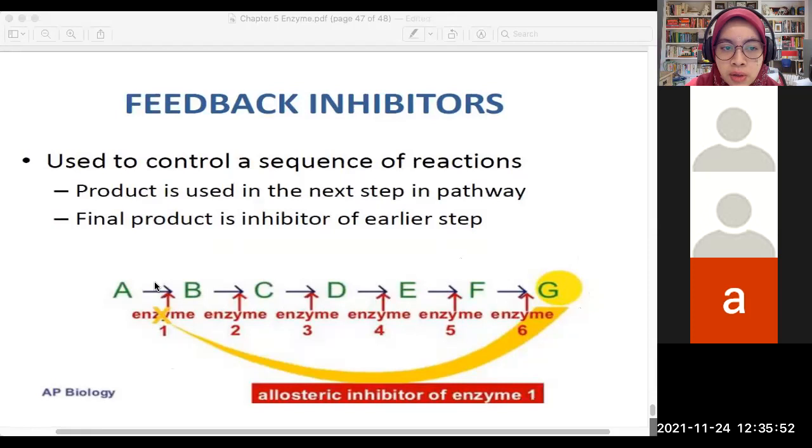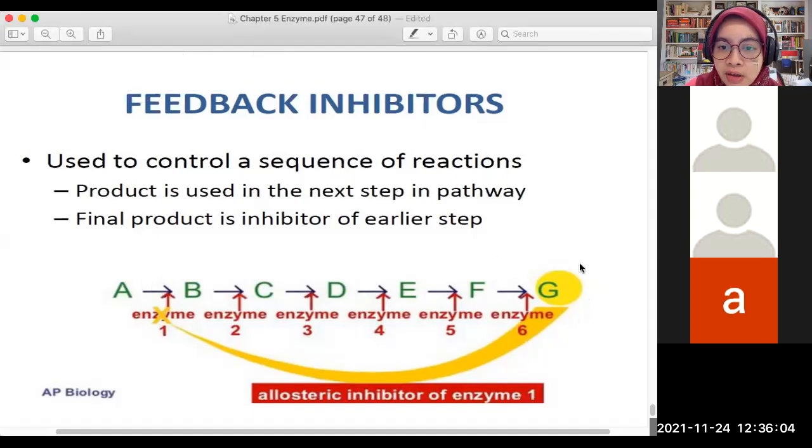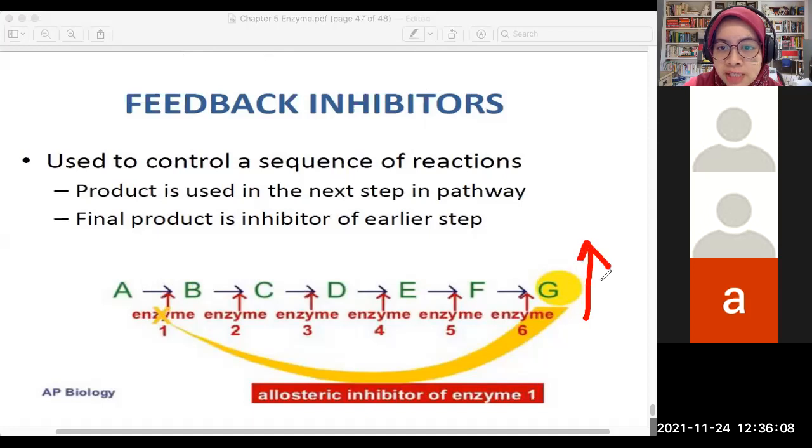What will stop A from keep on turning into B and C and D is the amount of G. This is what we call the feedback mechanism. When the amount of G increases, it will send a signal to A, or sometimes in certain reactions, G will directly bind to enzyme 1 so that A cannot bind to enzyme 1.